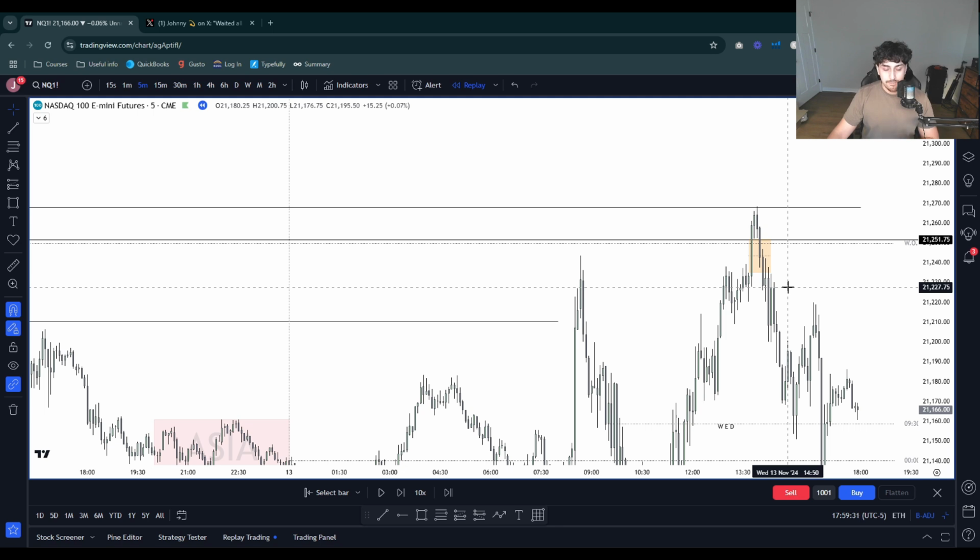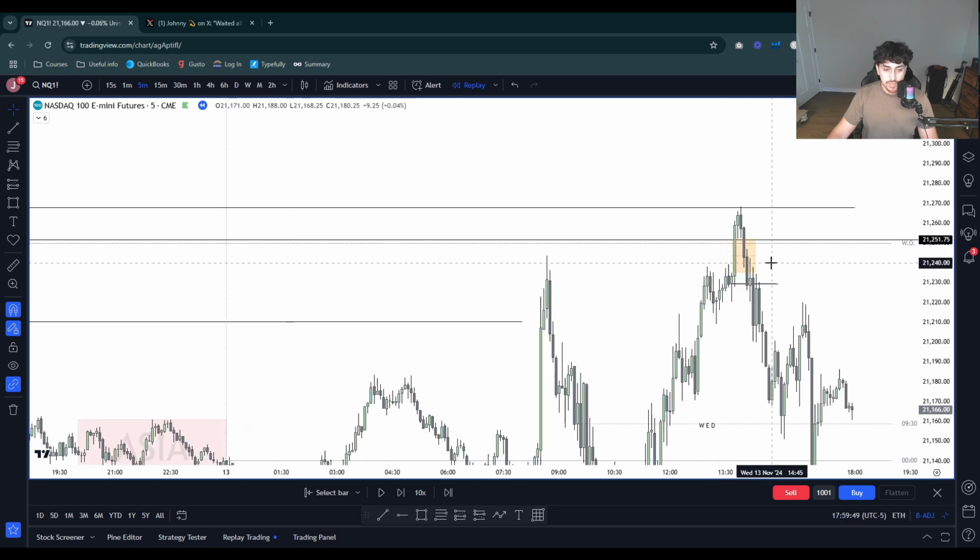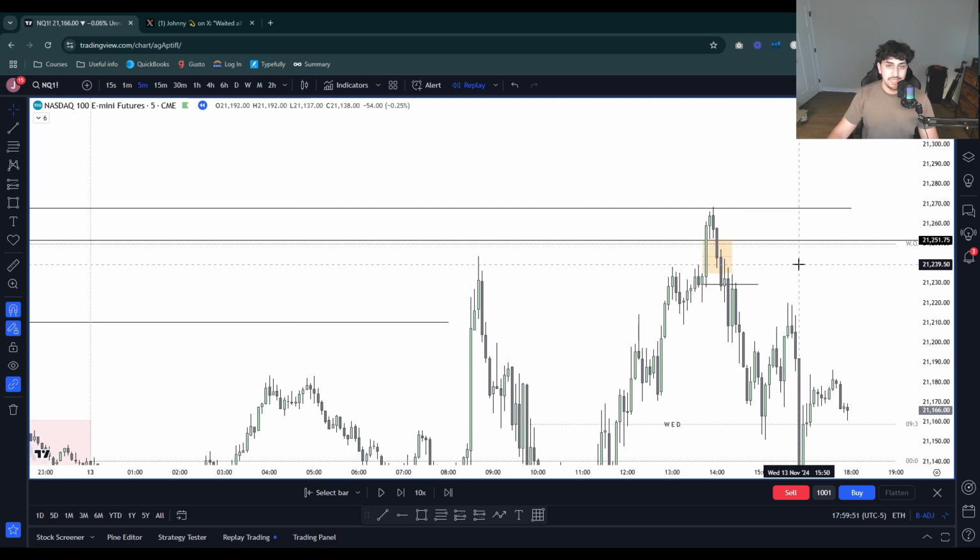But not only that, what I'm mainly looking for here on the 5-minute chart from that 1 hour POI is a change in the state of delivery on the 5-minute time frame. So what I'm looking for here is a body closure below the opening price of the first up close candle in the series of up close candles that sweep liquidity or tap into our time frame alignment POI.